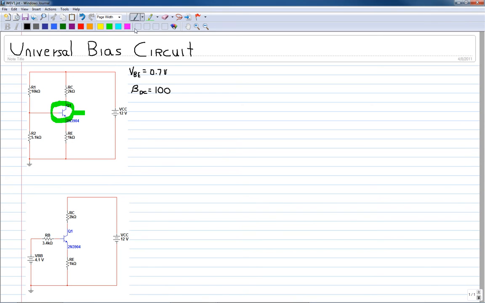In order to do that, we find that RB, we'll call this RTH, and it will also be referred to as R sub B, which will be the base resistance, which is equal to R1 in parallel with R2.